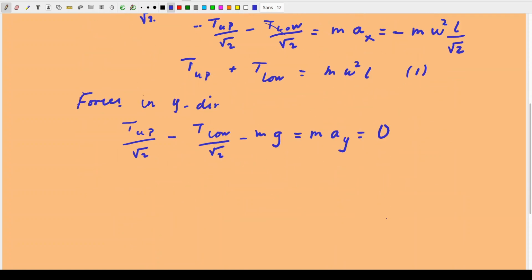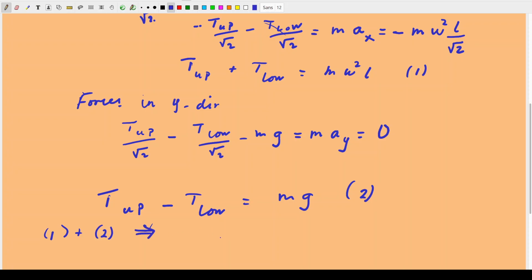Then we can again simplify a little bit. T up minus T low equal mg. This is equation 2. And let us now add equation 1 and equation 2. 1 plus 2.